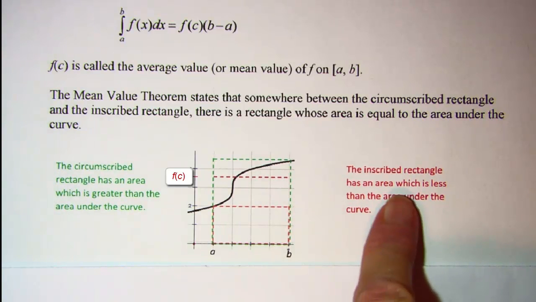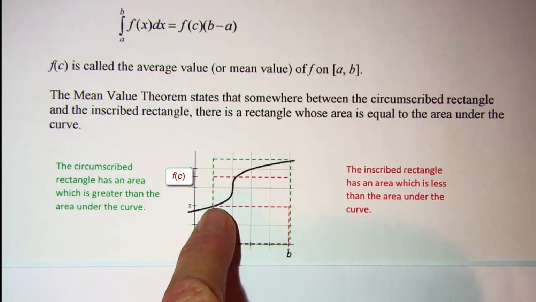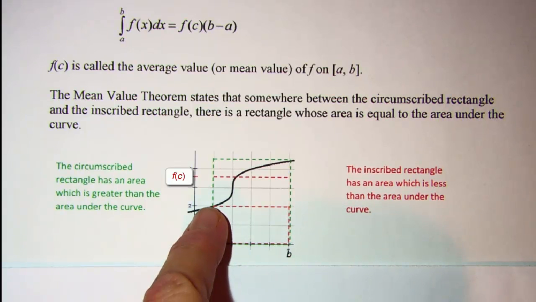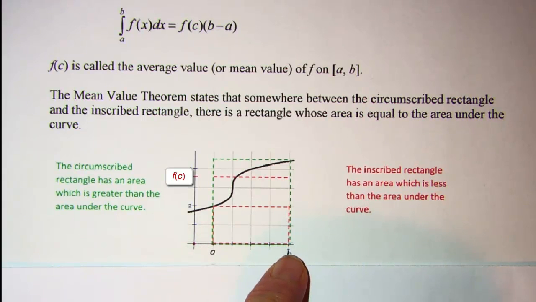The inscribed rectangle, which is the red dotted line, has a height which is the minimum value from a to b of our function, and so the inscribed rectangle has an area which is less than the area under the curve.